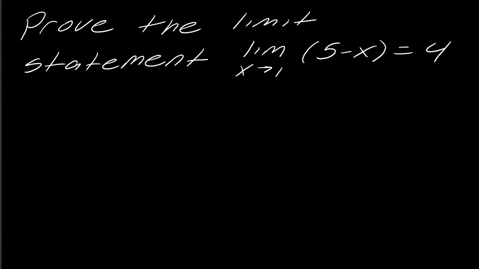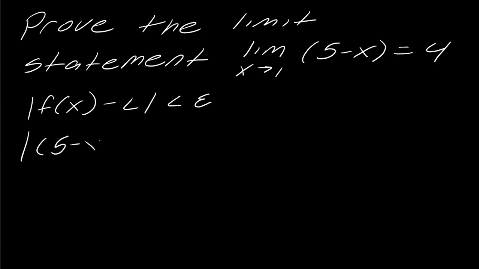So using this definition, I have |f(x) - L| < epsilon. I have no specific epsilon in this case, so I plug in the relevant information that I do have. This would be 5 minus x, that's my f of x, and my limit in this case is 4. I still want to solve this for x, since we're trying to find the delta that would correspond with the epsilon.